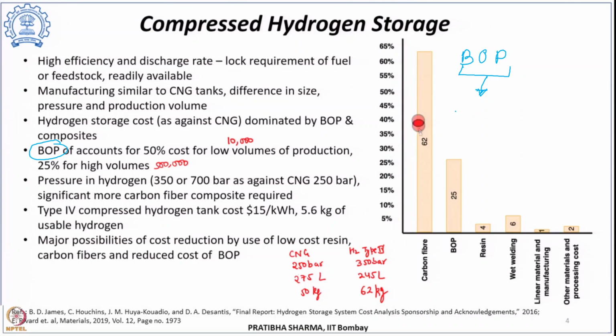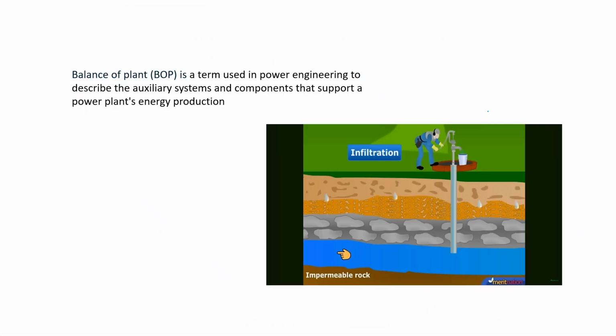I have written this definition: balance of plant is a term used in every industry sector, or power engineering, to describe the auxiliary systems or components that support a power plant's energy production.